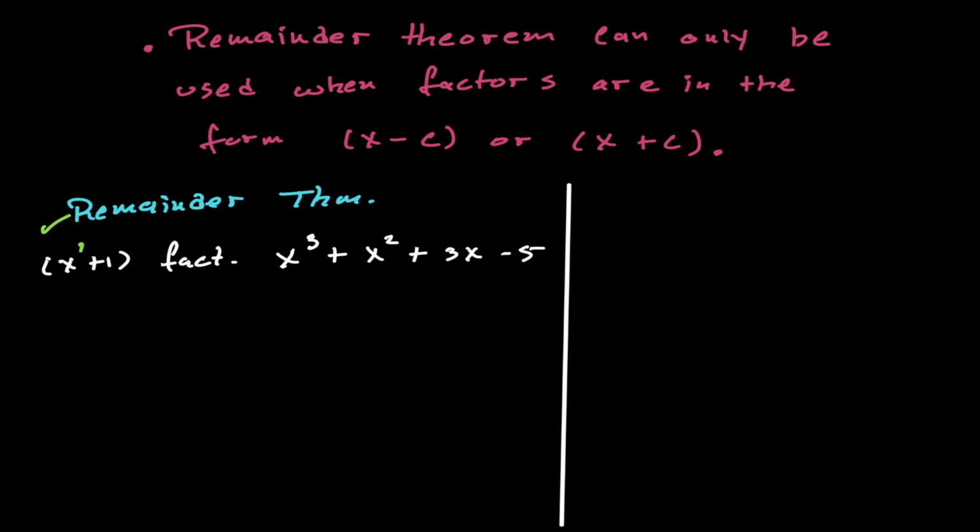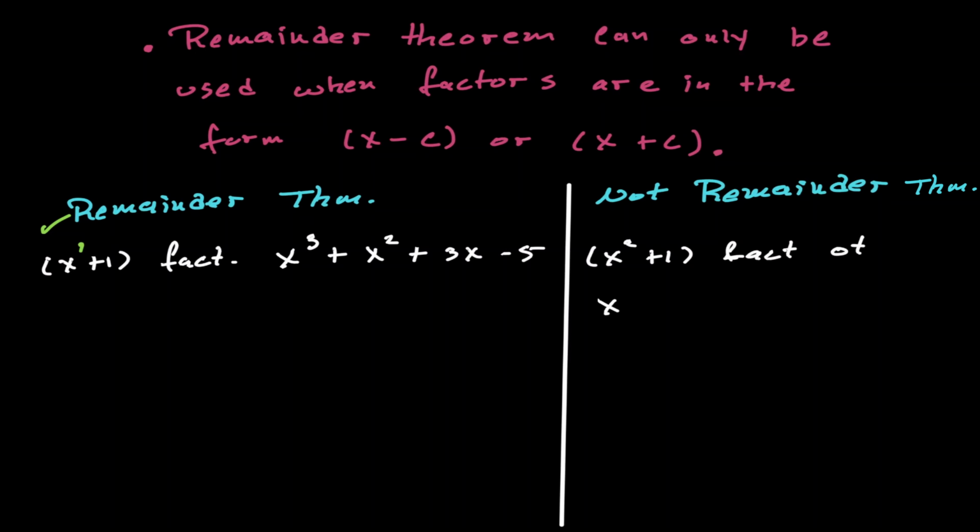But if we switch this up and ask the question, is x squared plus 1 a factor of x to the third plus x squared plus 3x minus 5? Then unfortunately, because the highest degree is not 1, we cannot perform the remainder theorem. In this case, we need to do long division, and that's it.